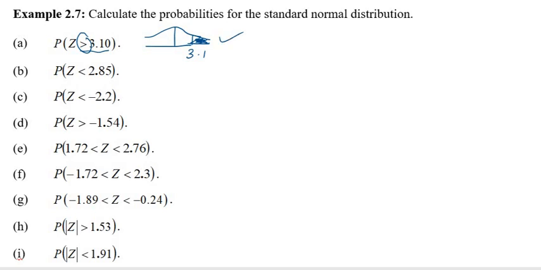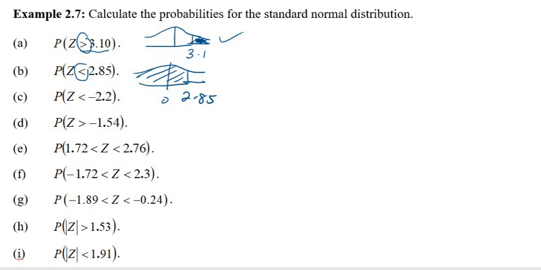Then let's look at the second example. The probability of Z less than 2.85. It is on the right hand side, it is positive, and then look at the sign: less than, so it is on the left hand side. So we want to find this bigger area.